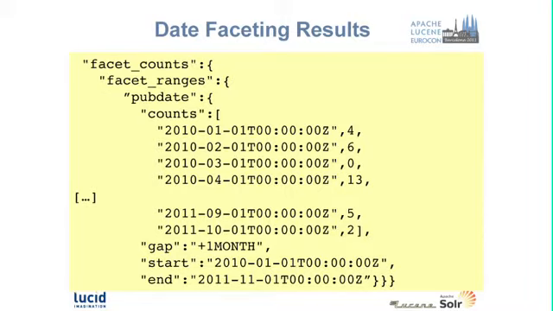An interesting thing to note is that you can actually use date math when trying to construct a constraint. So you get this response back, you display it to the user. What happens when the user clicks on one of these labels? Well, you want to construct a filter query to send back down to Solr to drill down. That filter query could just be a range filter on your date field, right?